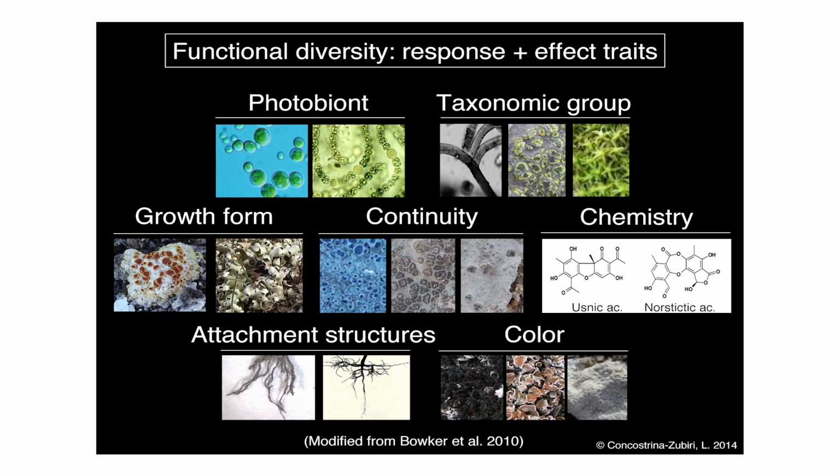These are photobionts, as Paula has talked about, taxonomic group, I mean cyanobacteria, lichen, and bryophytes, because they per se have some different functions. Growth form, also continuity, because here lichens, for example, on soil are critical in terms of infiltration of the rain or runoff.